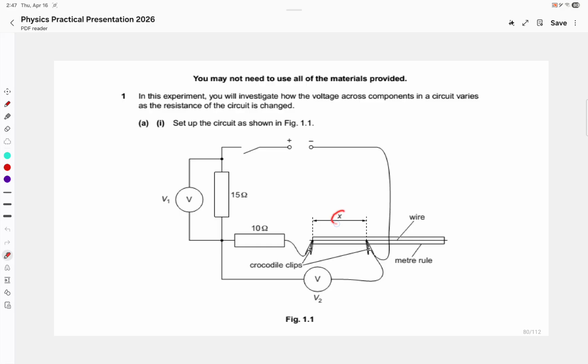So the data is the value of x, the value of V2, and the value of V1. Since it's question number 1, definitely they will ask you to provide a table of results where you can present your data.